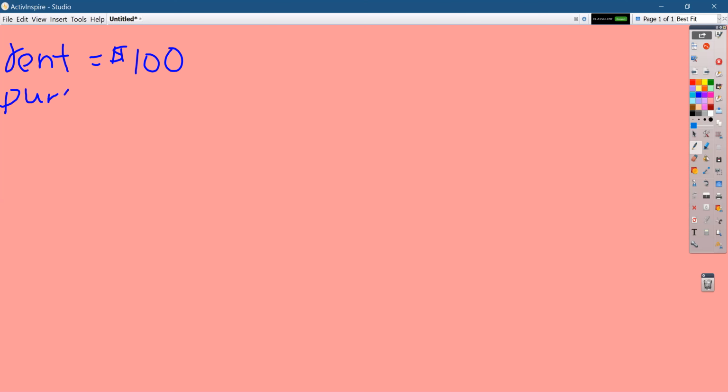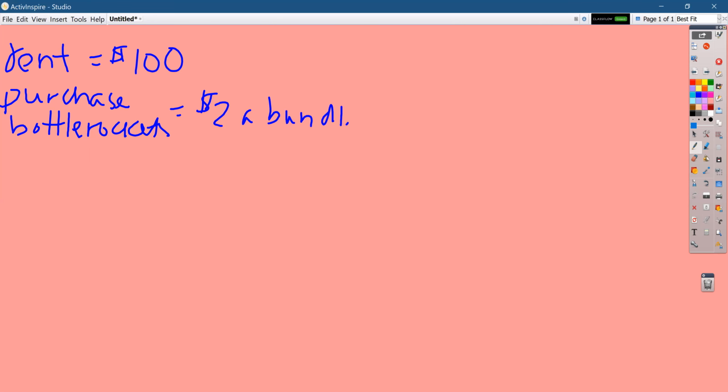Purchase bottle rockets, and let's say that he bought these bottle rockets for $2 a bundle. Okay? Now, he's going to sell his bottle rockets for $5 a bundle.